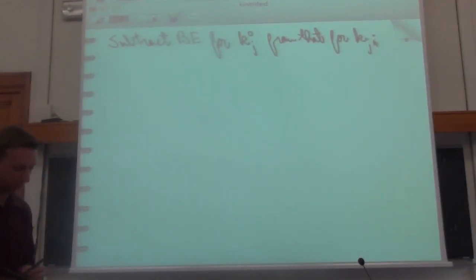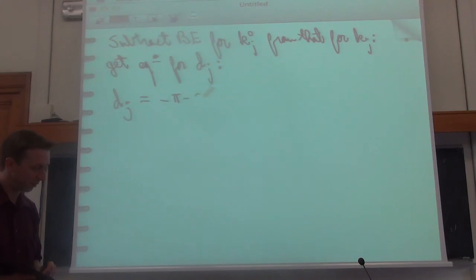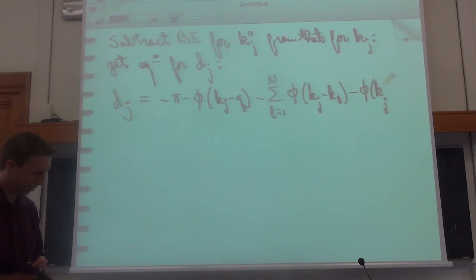Essentially you get an equation for the dj's, which are all coupled to each other: dj is equal to minus pi minus phi of kj minus q minus the summation l from 1 up to the big N of phi of kj minus kl minus phi of kj0 minus kl0.